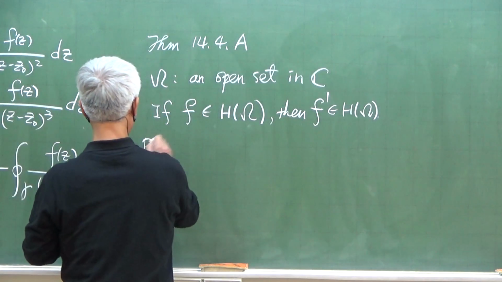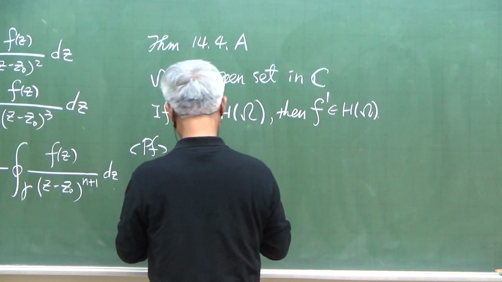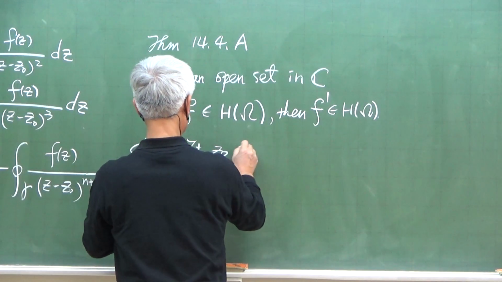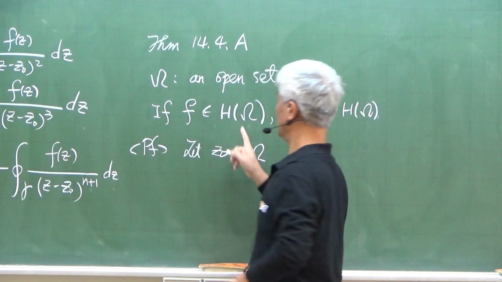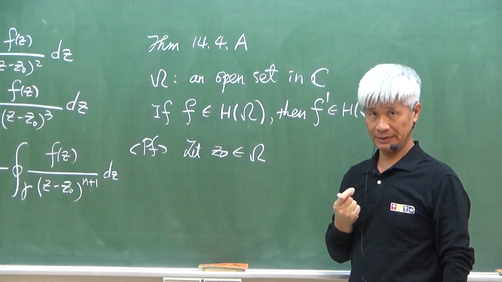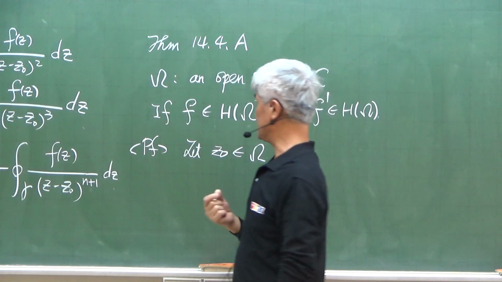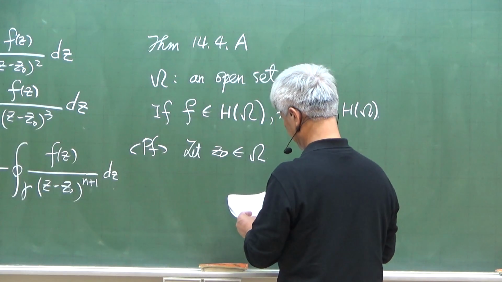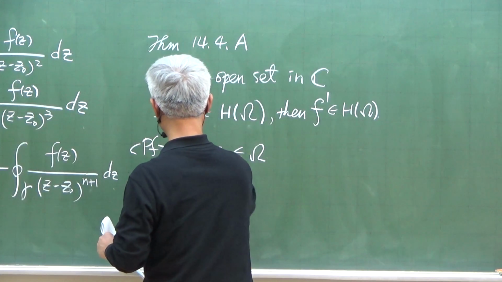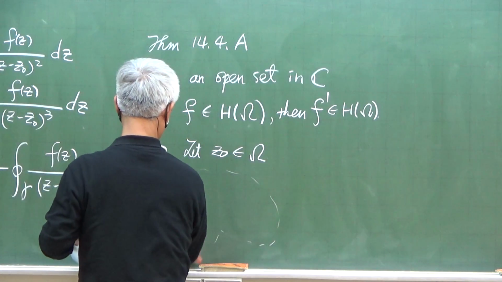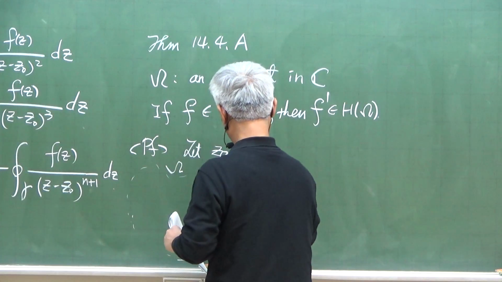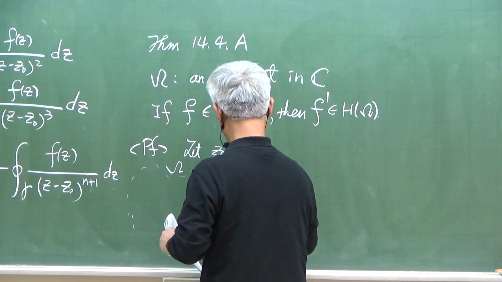But the proof actually is quite simple. So we let z0 be in the open set, right? This is very general. This omega is just an open set. Okay, so this is omega, and we have z0 here.